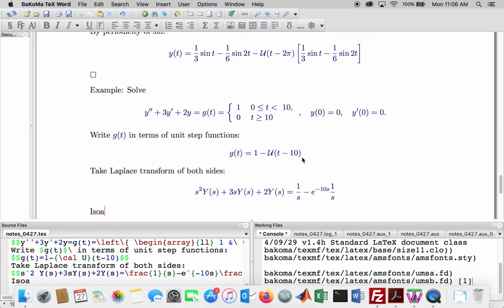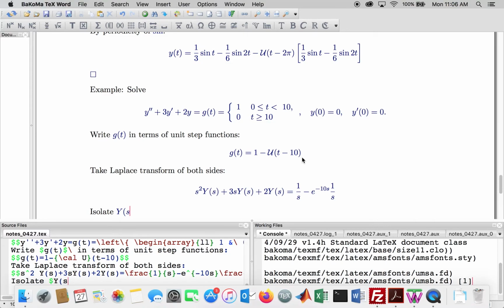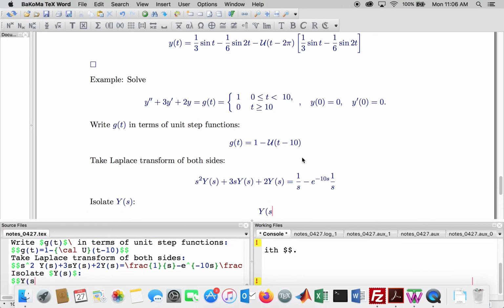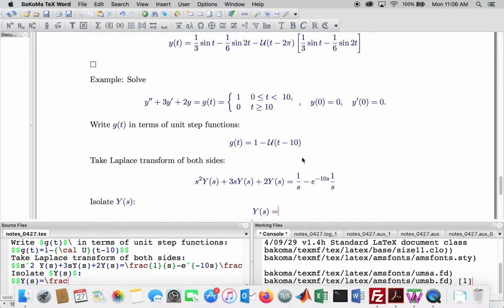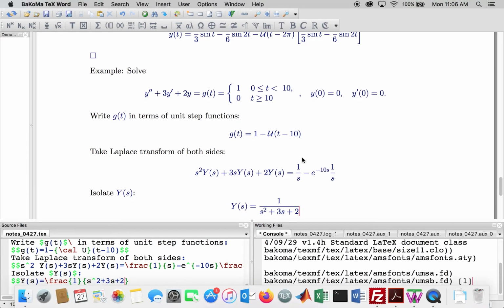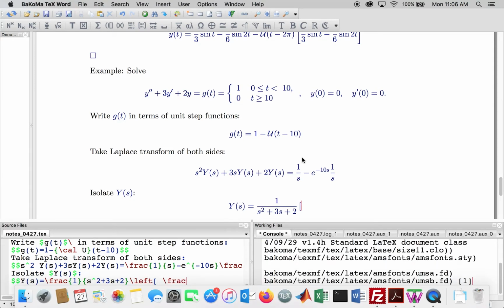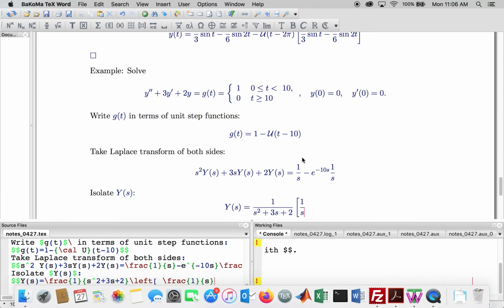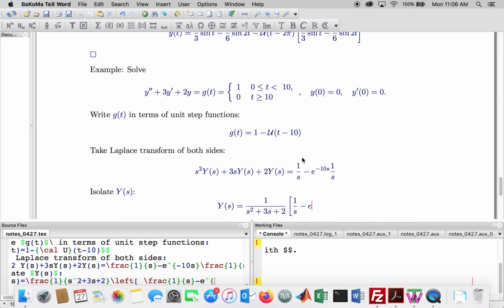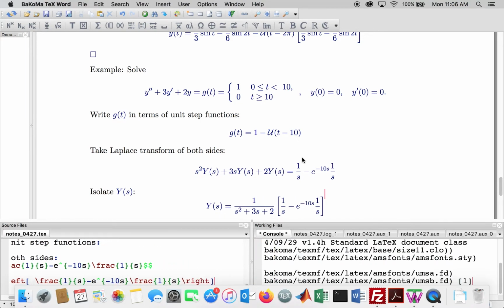Now we need to isolate Y of s by itself on one side of the equation. So we get 1 over s squared plus 3s plus 2 times 1 over s minus e to the minus 10s over s.